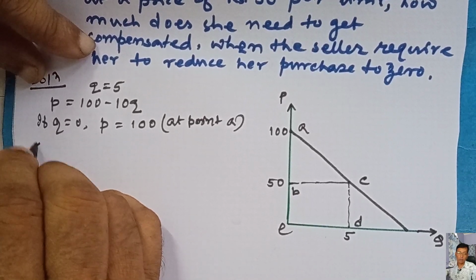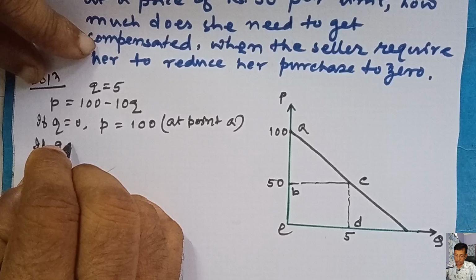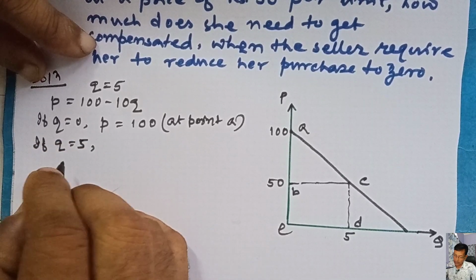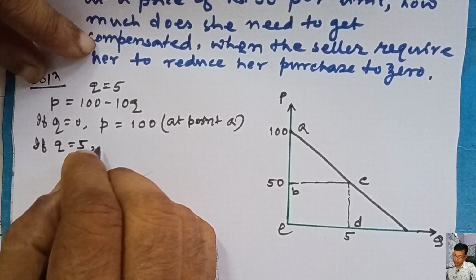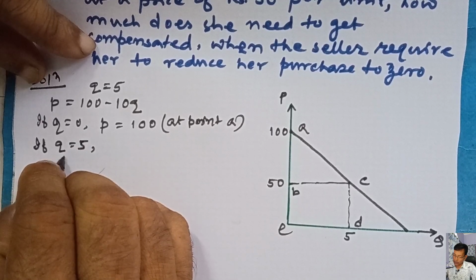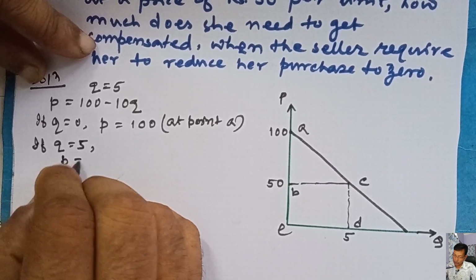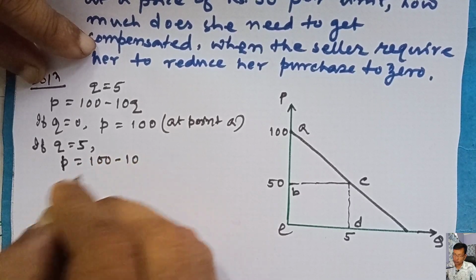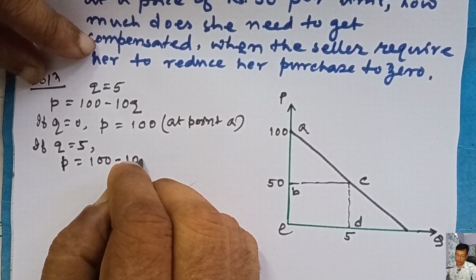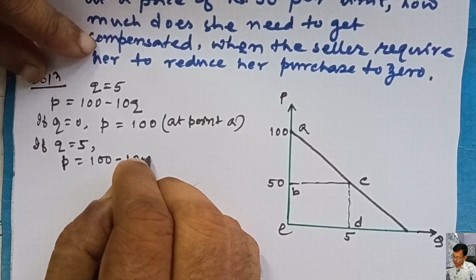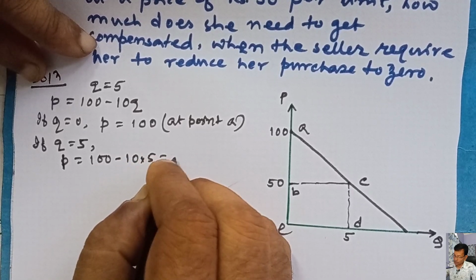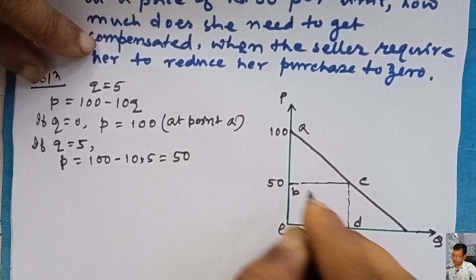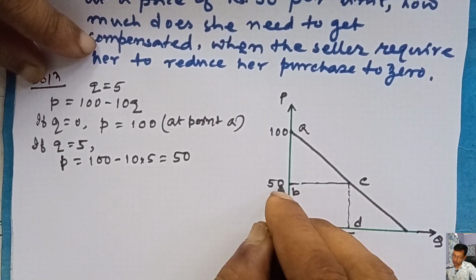So if Q is equal to 5, then P is equal to 100 minus 10 into 5, which is equal to 50. If Q is equal to 5, then it is 50.